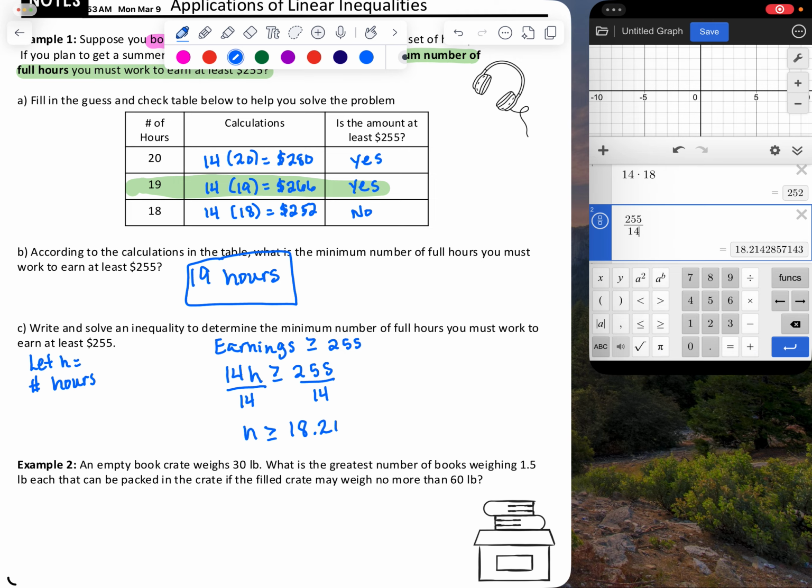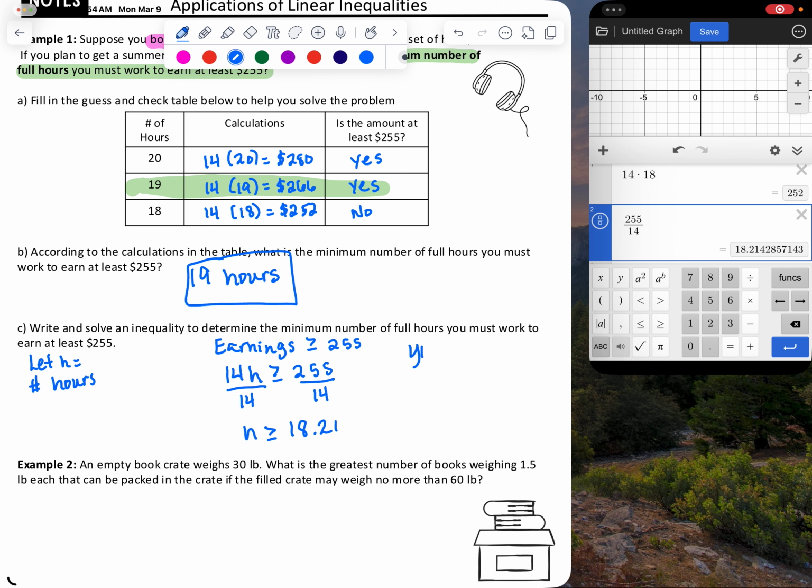But in this problem, if we round down to 18, 18 did not satisfy our problem, because if we only work 18 hours, we would not earn at least $255. So we remember our hours must be greater than or equal to 18.21. So the next whole number above 18 is 19.